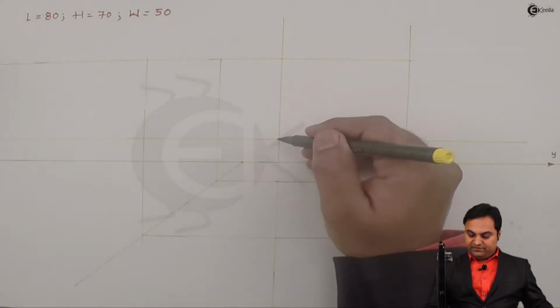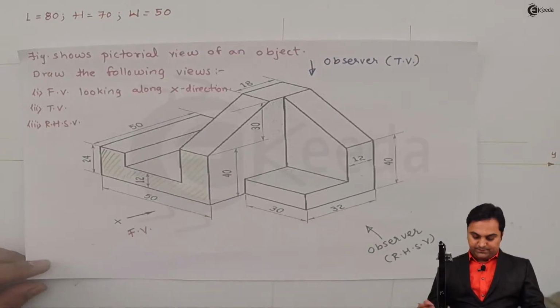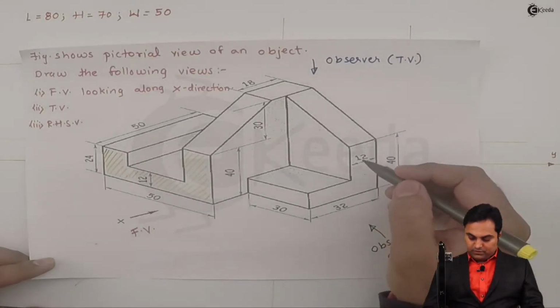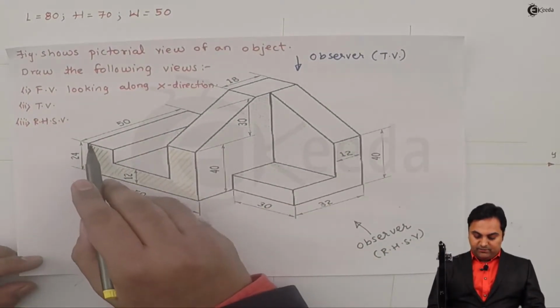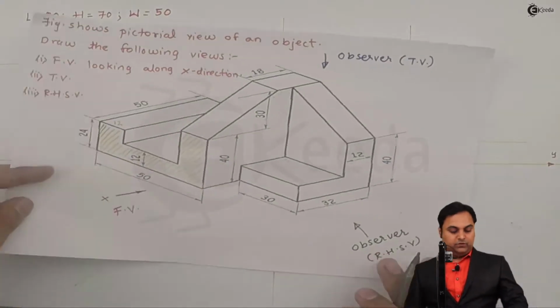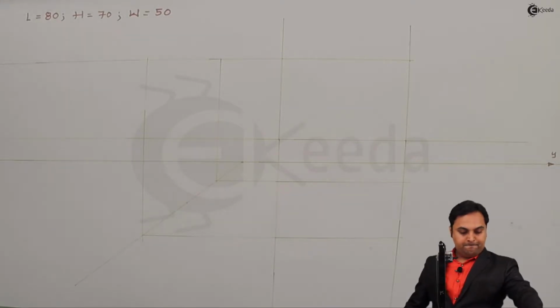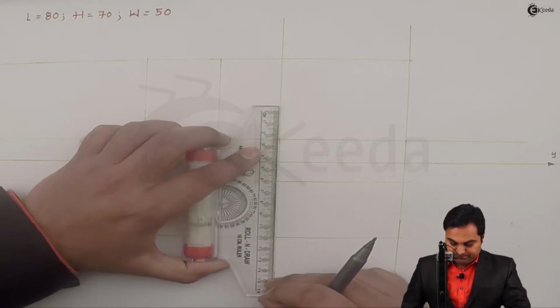So from left hand side I'm going to measure 24 mm in the front view. Next, after that, this block is of 12 mm and the same will be here, that is this will also be of 12 mm length. So I'll draw that portion having height 24 from left hand side.